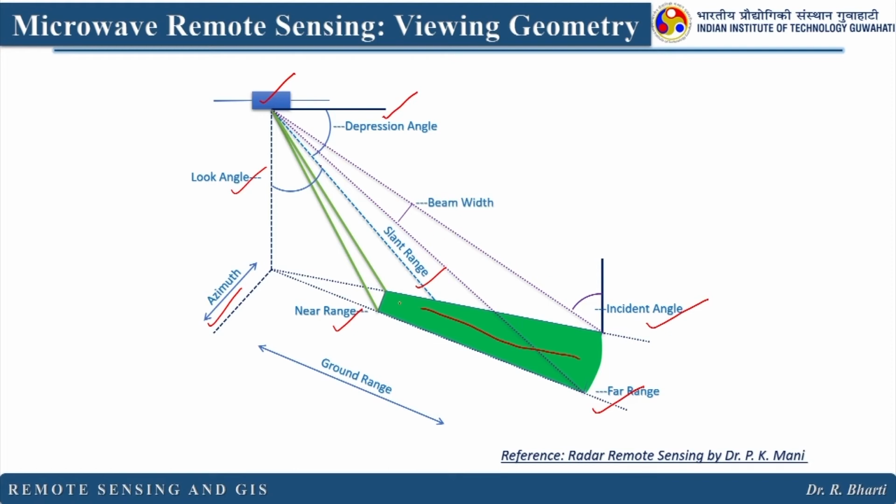This is how we are going to generate this image, and this is the ground range. I hope all these things are explained in a very simple manner.